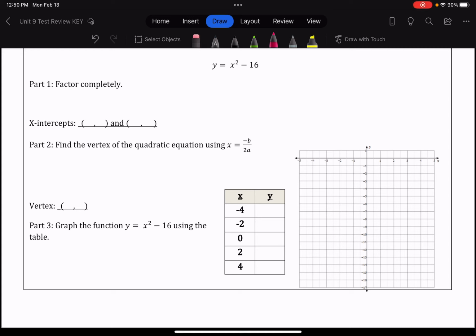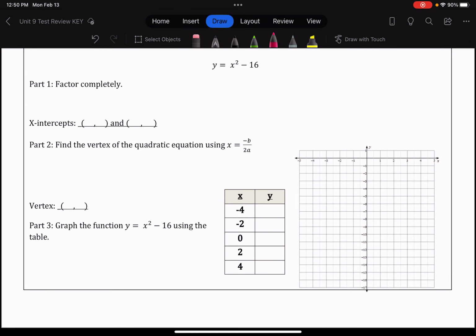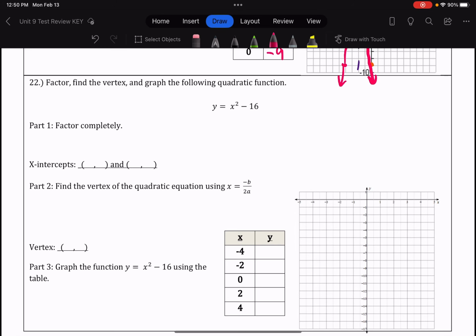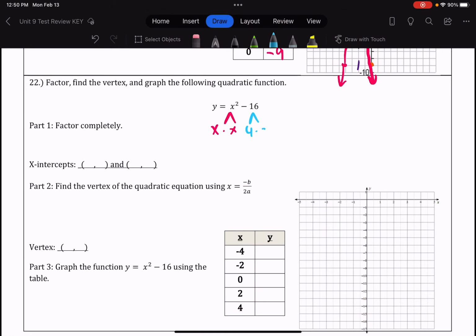And the first thing it tells me to do is to factor this function completely. So I've got y equals x squared minus 16. Guys, I only have a binomial here, and it's got a subtraction symbol in between. So the best place to start is to see if it's a difference of two squares. And in this case, it is. I've got x squared, which is x times x. And I've got 16, which is going to be 4 times negative 4.